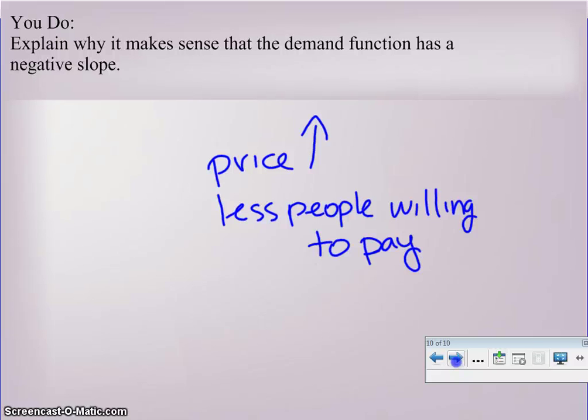And so what it's saying is as the price is going up, the demand is going down. Because as you saw, many of you were willing to pay $3, $4, even $5 for a hamburger, but there probably wasn't many, if any, out there that were willing to pay $15.